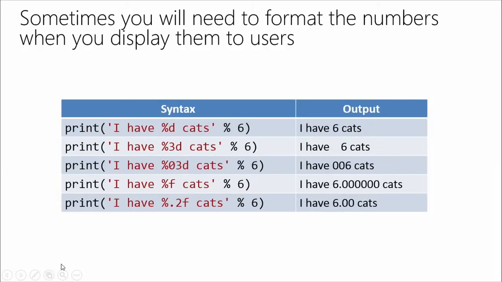So if I specify that I have %d cats, for example, right here, a little %d symbol, I'm basically telling Python that where you see the %d, that's going to be a decimal number. The d is actually short for decimal. So it's going to be a decimal number I'm going to display. And then after I specify the string, I specify a % sign, and then I specify the value to replace.